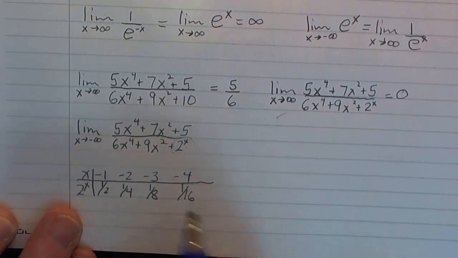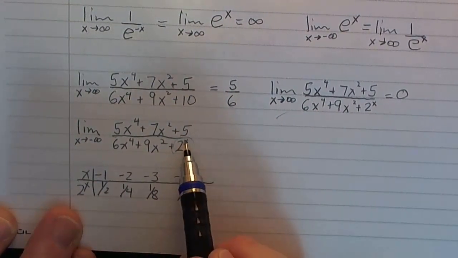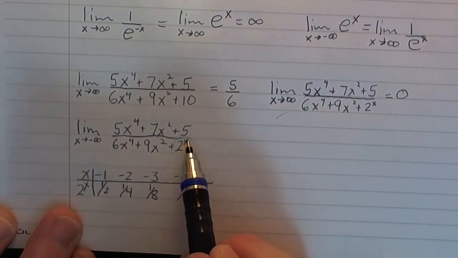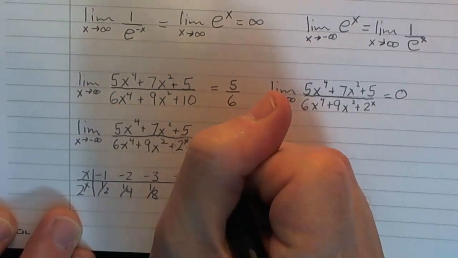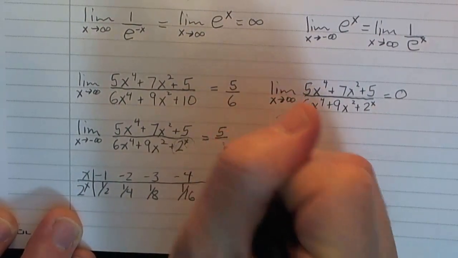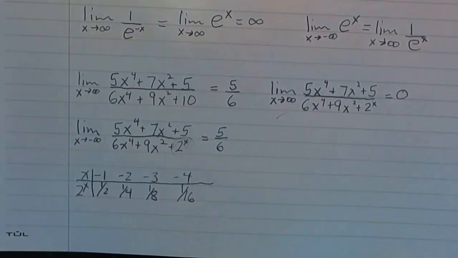So you can see what's happening. As x gets larger and larger in the negative direction, this term goes to 0. So this limit would just be 5/6. You just have to be careful with situations like that.